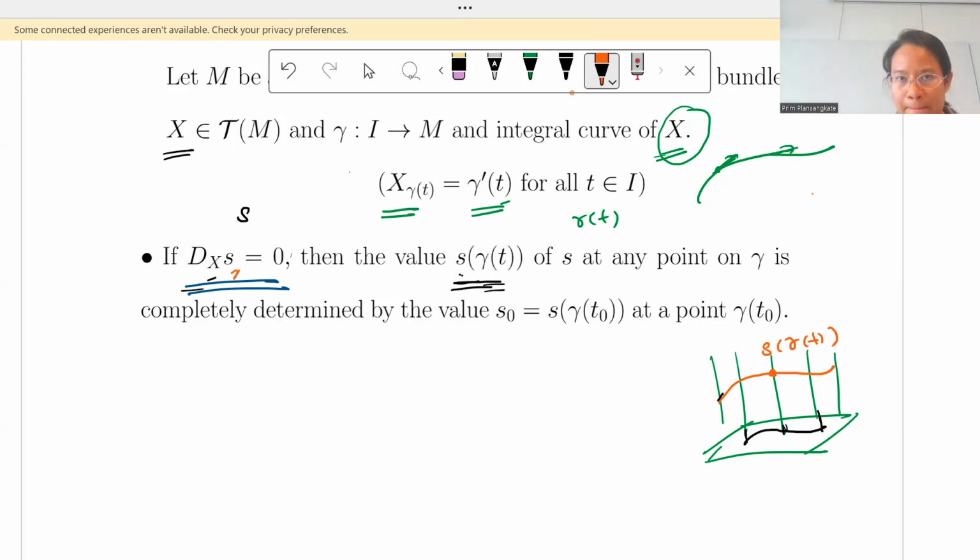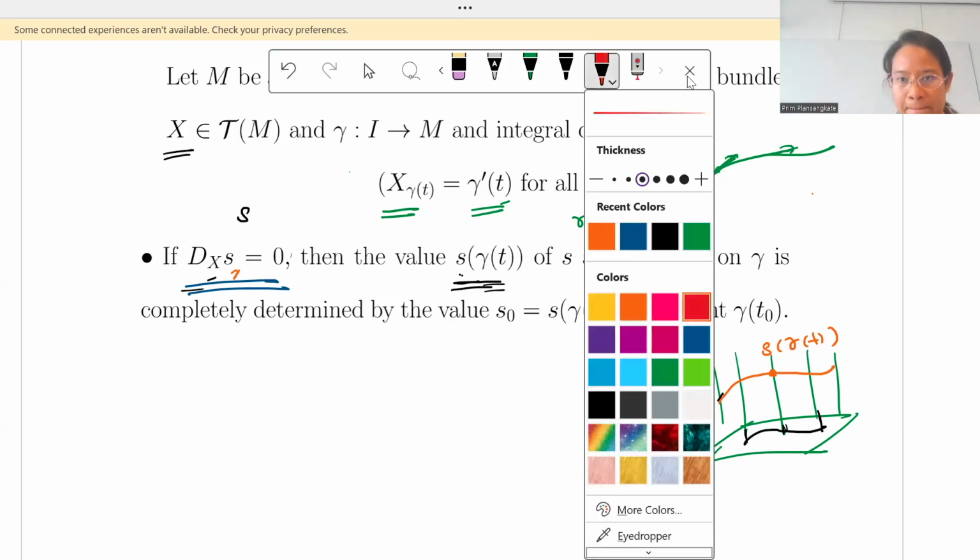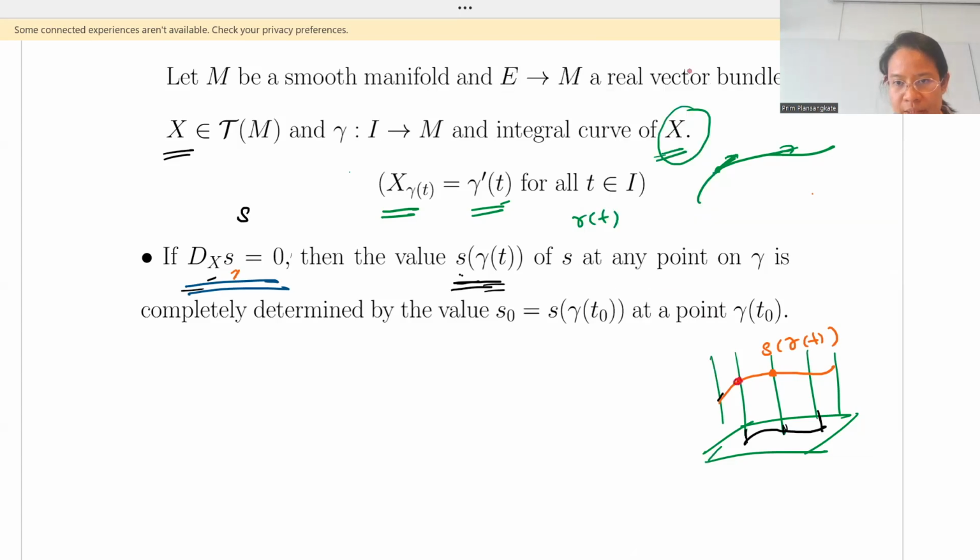Say S naught. In other words, if we know a vector on a fiber, then we can construct a section that satisfies this equation.